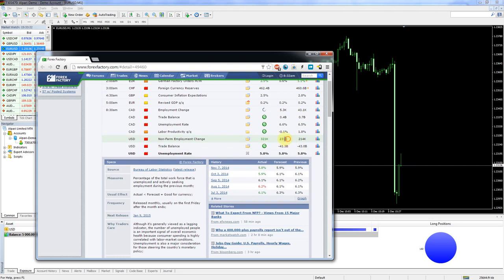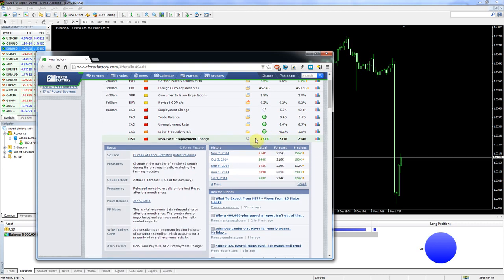They were expecting a rise of about 231,000. It actually rose by 321,000, and the previous actual was worse than the forecast. This actual is much better than the forecast, nearly 100,000 better.